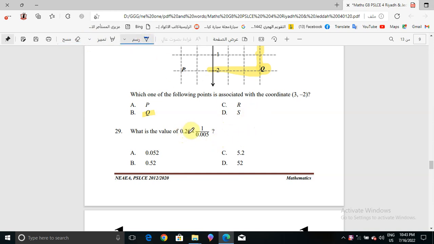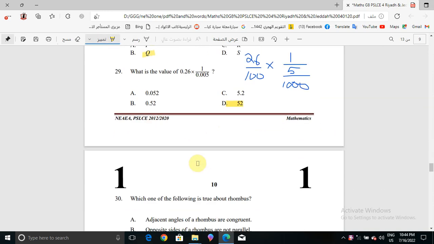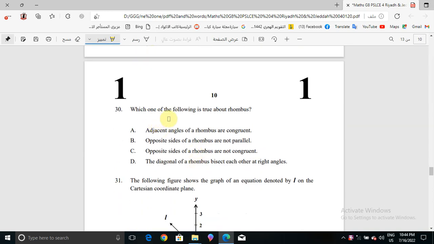Jump it two numbers to make it over, so that means it will be 26 over 100, times 1 over 0.005, which will be 5 over 1000. Then after simplifying it, you will get the answer. It will be 52.